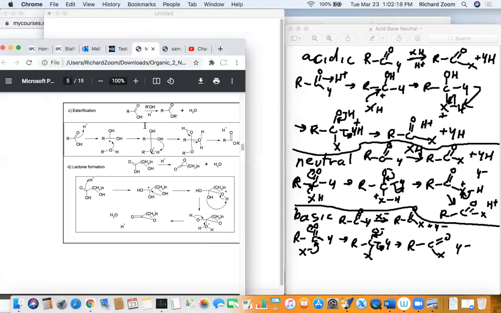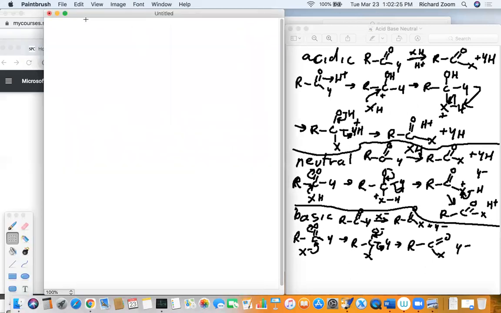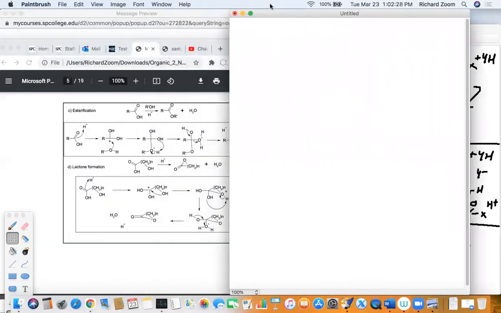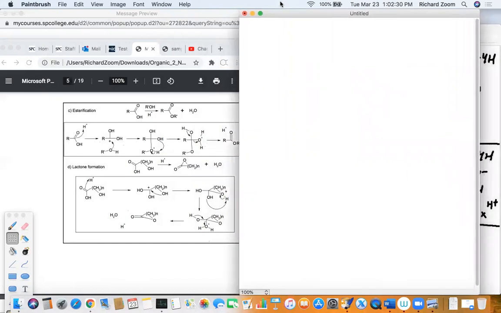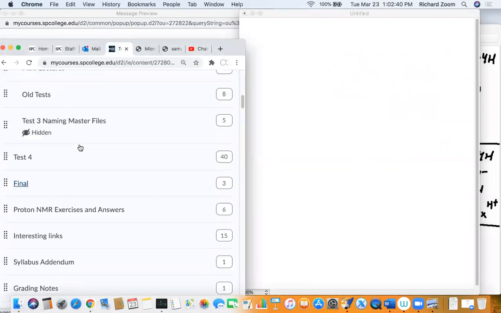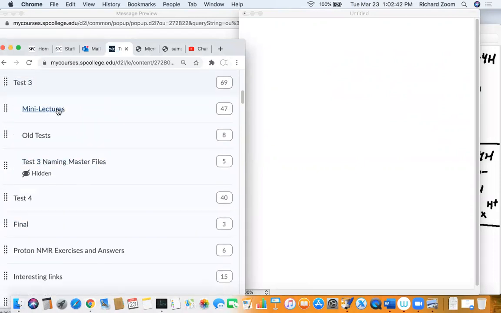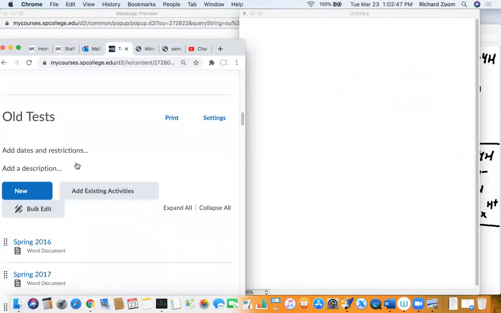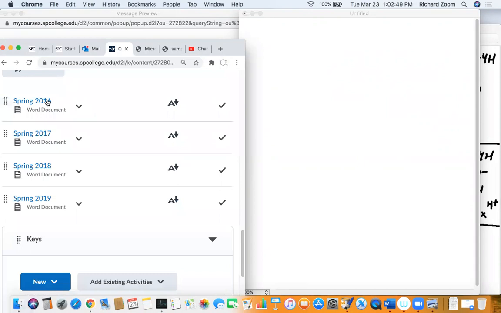So that's esterification. Now for the lactone formation, I think I might actually go through question 3 on the test here. All right, so let's open up one of those questions. Let's look at spring 2016.